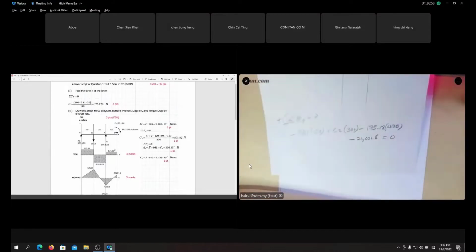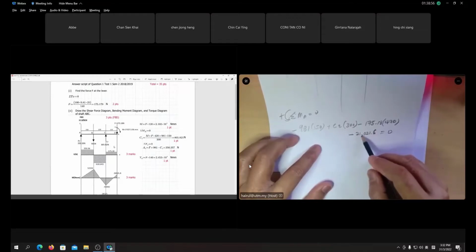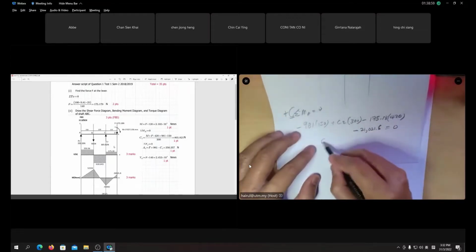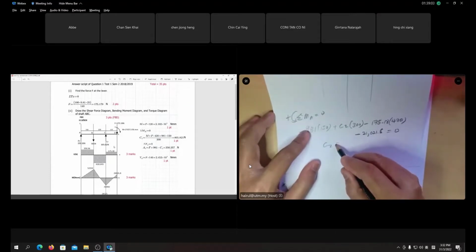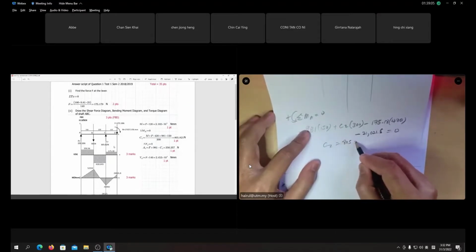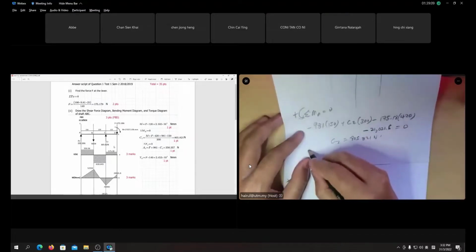Okay, the dashed line, can you see? So you got your CZ. Be careful, you have the negative force at D and the external moment. So you get your CZ value from there. CZ is upward, positive, you get 805.81 Newton. Then you transfer it into the equation.